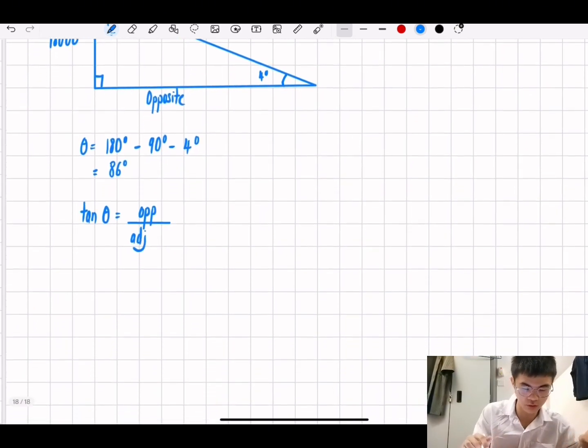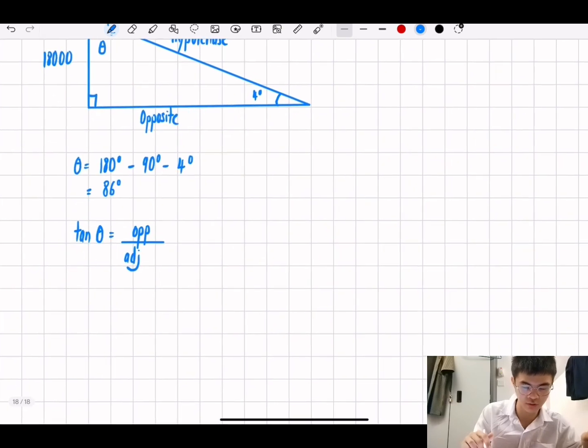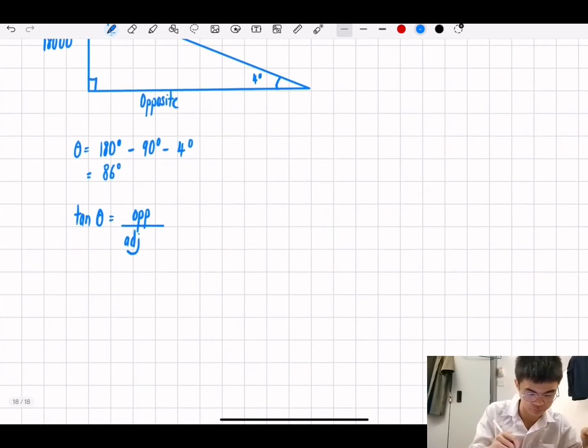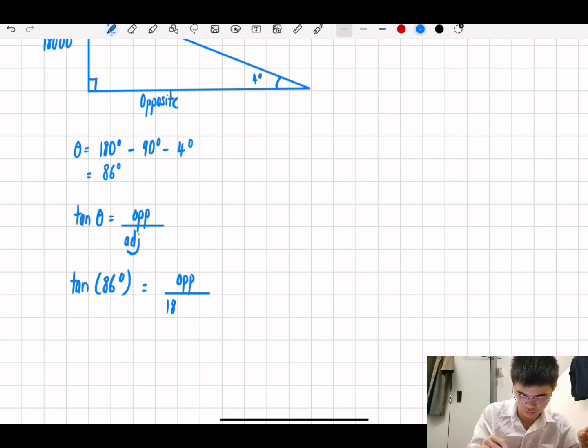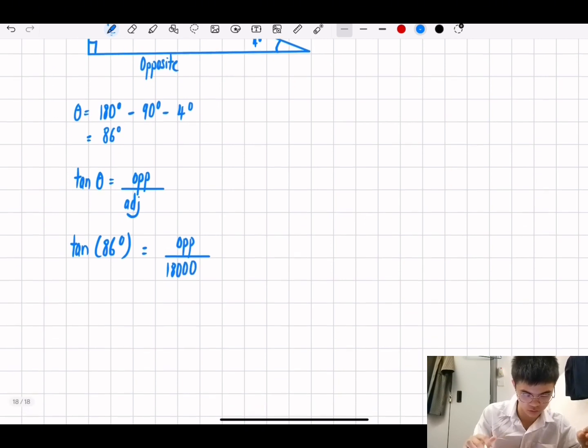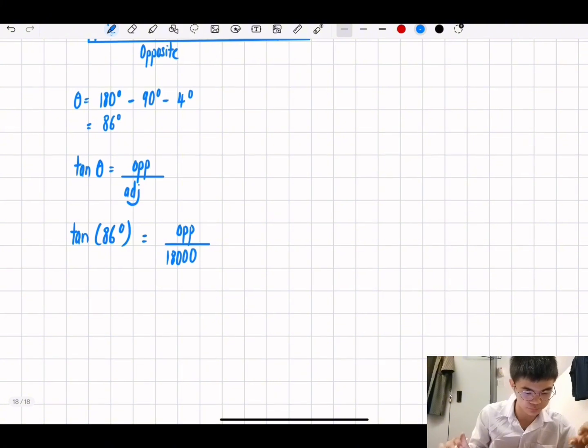Now we have adjacent, which is 80 kilofeet. So tangent 86 degrees equals opposite over 80 kilofeet.